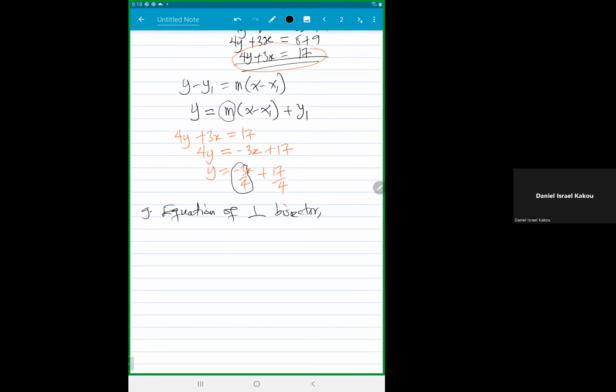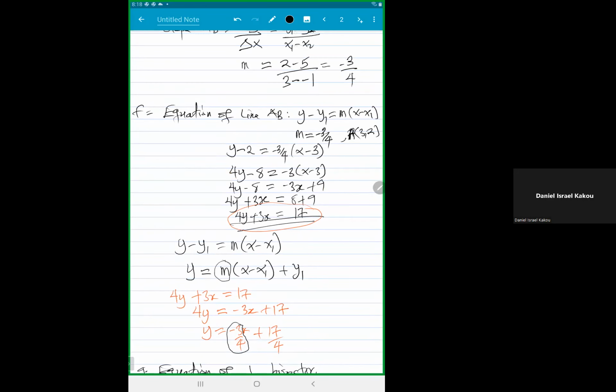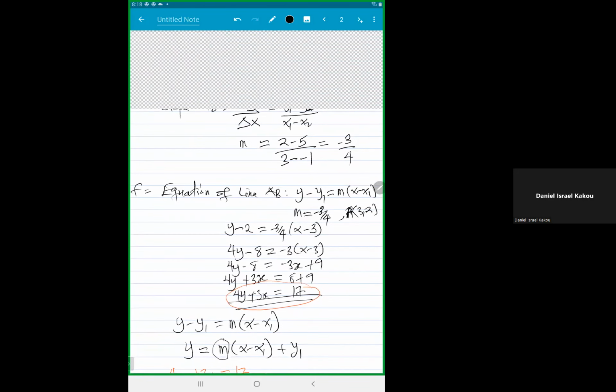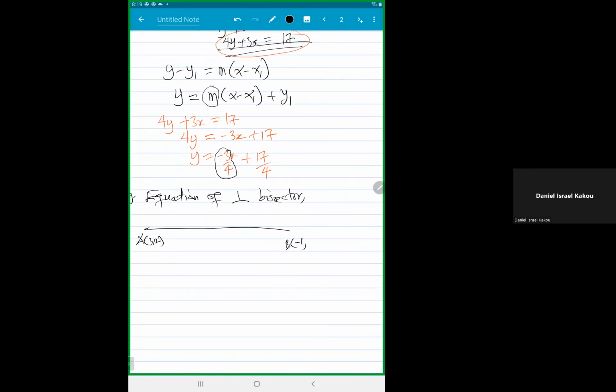Now, the equation of the perpendicular bisector is just you finding the equation of the line that bisects A and B. So where are A and B? A and B is a line. A is 3, 2. B is minus 1, 5.